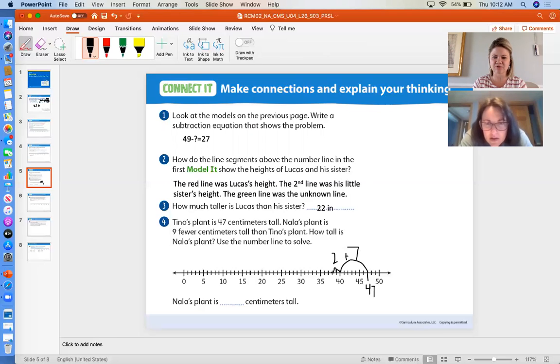What did I land on right here? 40, not 39, 38. That's where you have to be careful. But I could also say 35, 36, 37, 38 if I wanted, okay? So how many centimeters tall is Nala's plant? 38. 38 centimeters. Nice job.